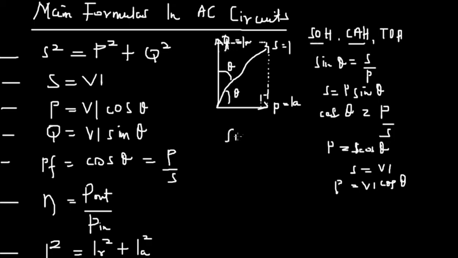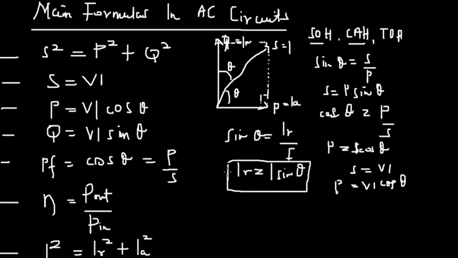So sine theta is opposite over hypotenuse. The opposite is our IR, and the hypotenuse is I. So we have IR equal to I sine theta. So from here you could notice that we've been able to prove that IR is equal to I sine theta. That's why initially I stated that once you know this diagram, you could prove every formula.